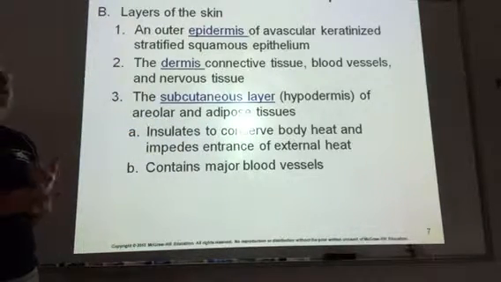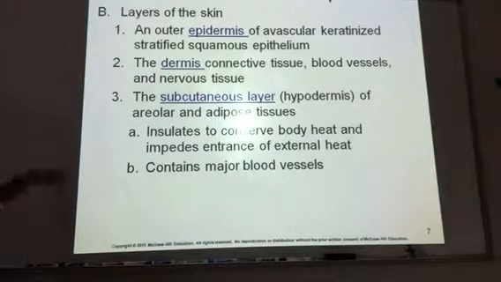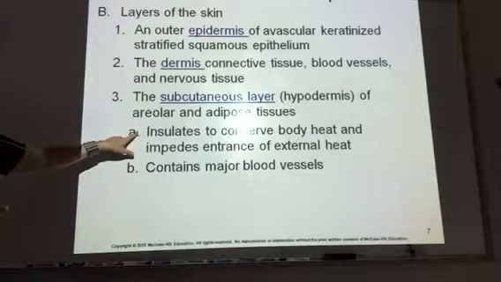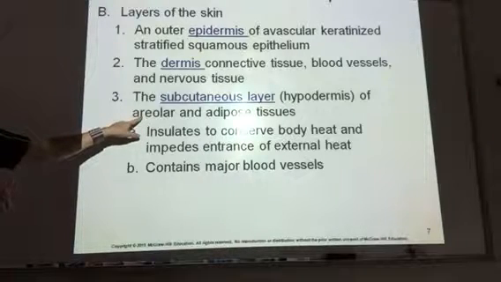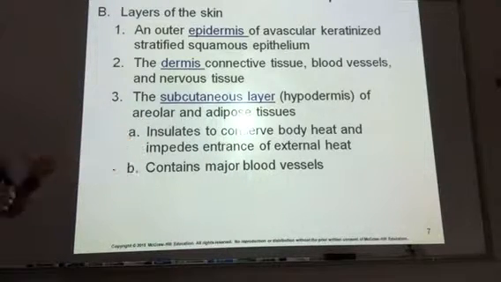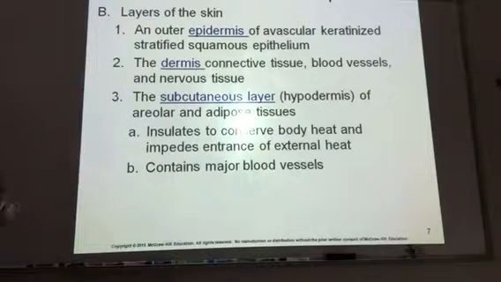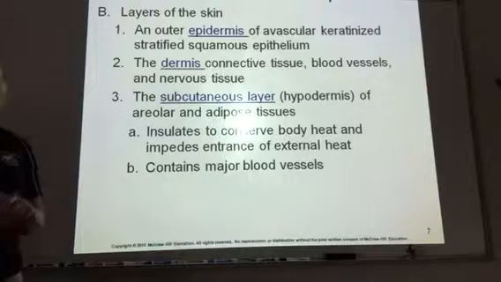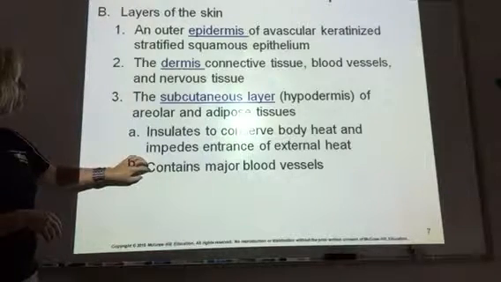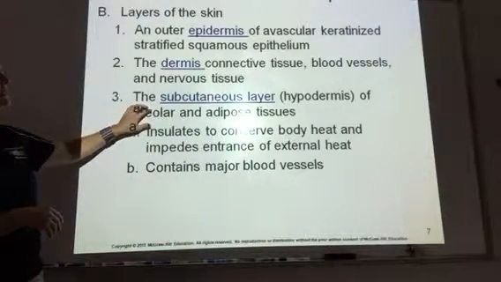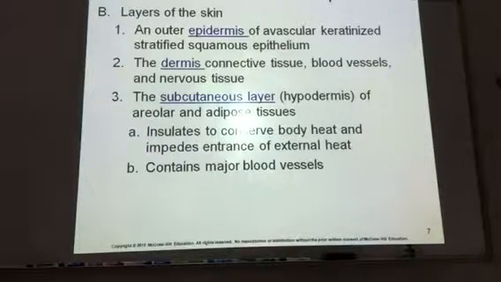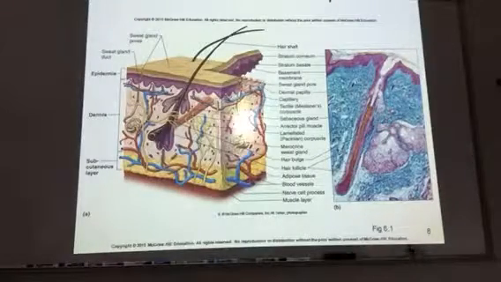Its functions are to insulate: the adipose fat is a great insulator that conserves body heat and slows the entrance of external heat. It also contains your major blood vessels, which start in the subcutaneous layer, and some of them rise up into the dermis.